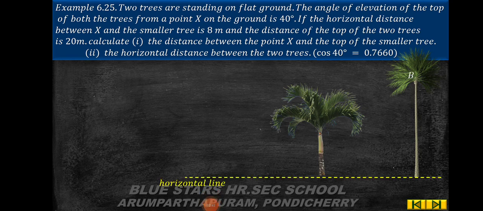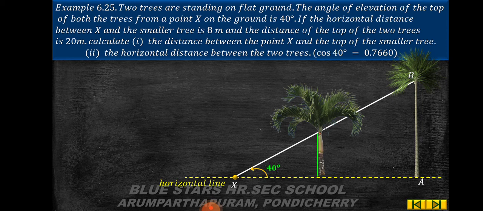So imagine a horizontal line on the ground and mark the height of the taller tree as AB, and from the point X you draw the line of elevation.